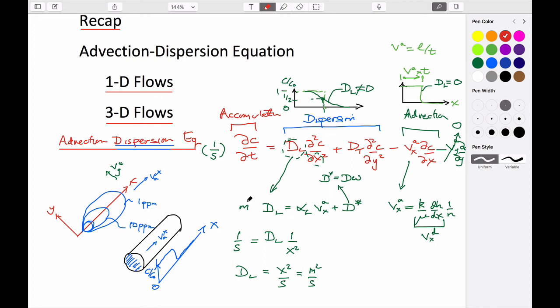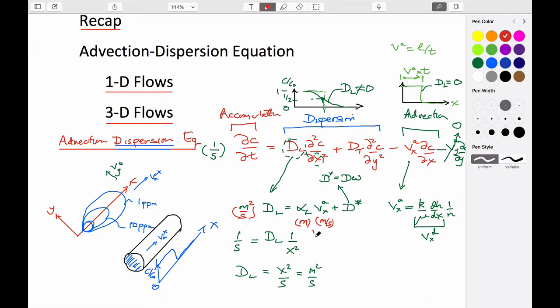So if this is in meters squared per second, this is exactly the right units for the molecular diffusion coefficient. This is just a multiplier that has no units. This is in units of meters per second, velocity, and so by definition, this has to be in meters.